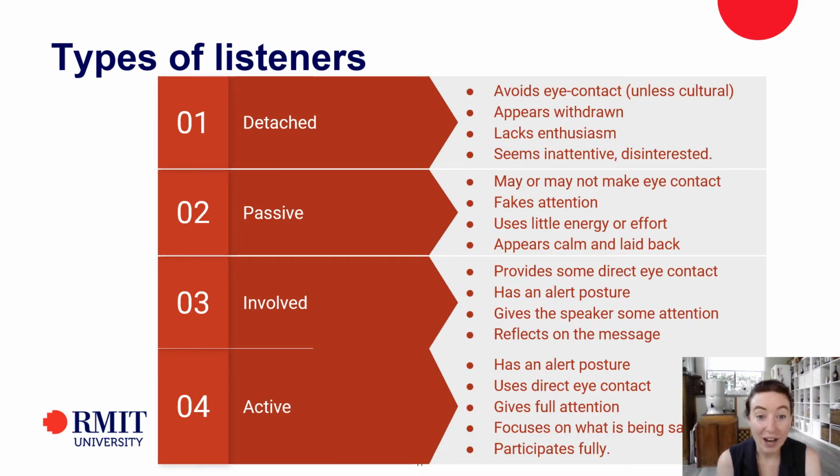And that brings us to types of listeners. So I'm going to focus mainly on number 1 and number 4. Number 4 being an active listener, which this whole presentation is about. An active listener is someone whose posture is orientated towards the person, they're alert, they're not sleepy or dreamy or off in their own world.